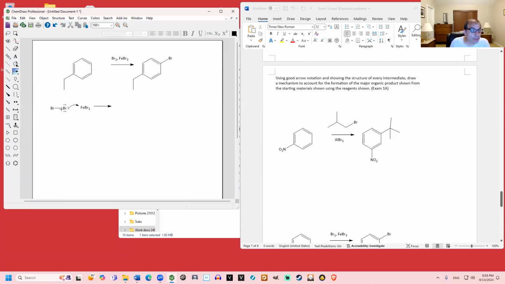The mechanism starts the same way as with the Friedel-Crafts reaction, by the halogen donating an electron pair towards the Lewis acid catalyst. So we have a divalent halogen.